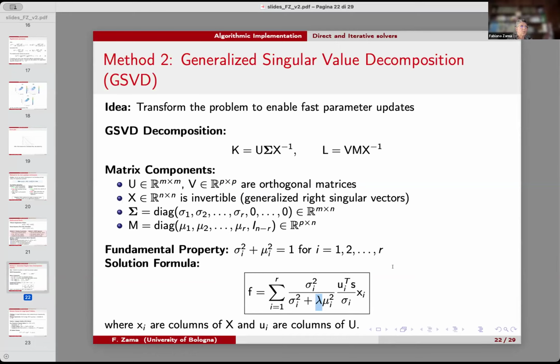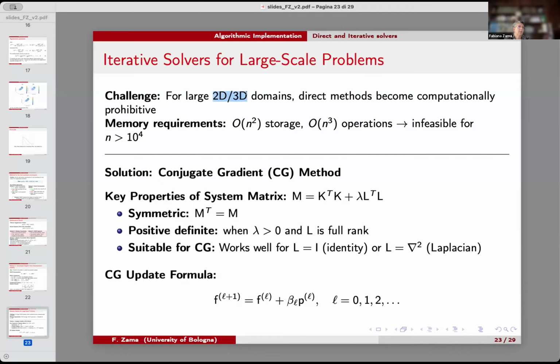If you have constraints, or, for example, if you have large domains, a 2 or 3 dimensional domain, you cannot think of computing a direct solution. And what we do is base on an iterative solution. In all our software, we use the conjugate gradient method because it has very beautiful convergence properties.